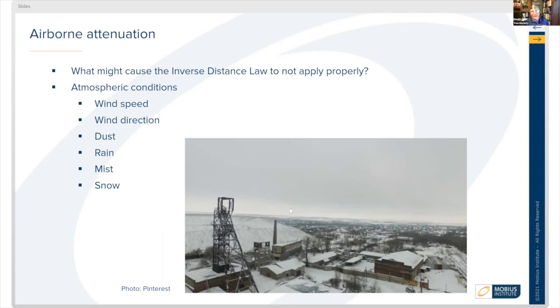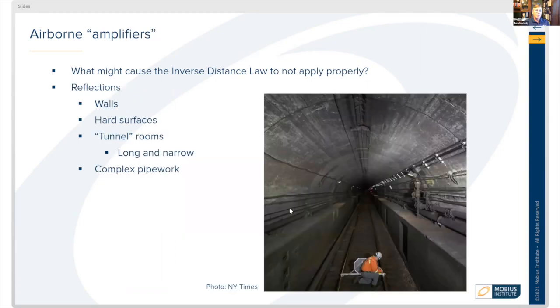And the way to think of that is anything that's going to absorb sound or that's going to disrupt the free flow of sound through air is going to cause this attenuation effect. So you'll get even greater reduction in the amount of sound that you can detect at a given distance from a sound source.